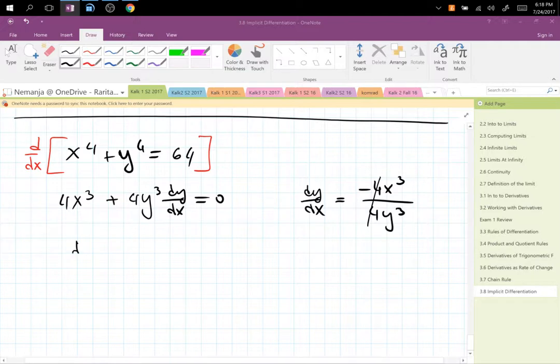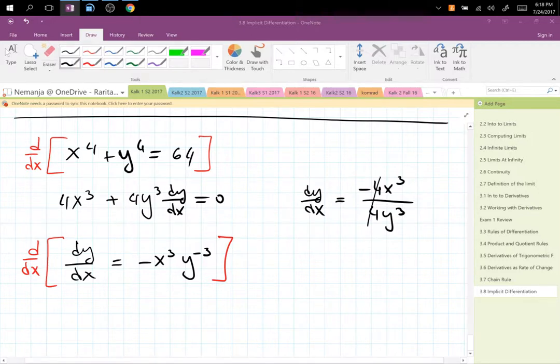So I could write dy/dx is equal to negative x cubed times y to the negative 3. That's okay, and we have a product rule again. So now we are taking another derivative to get to the second derivative.